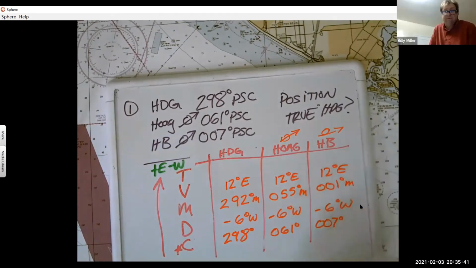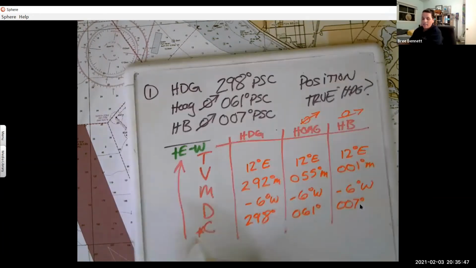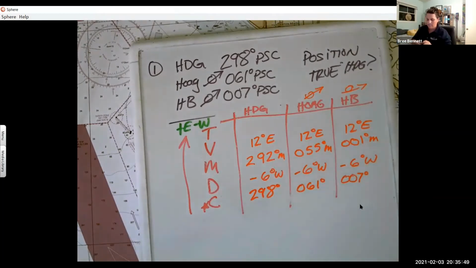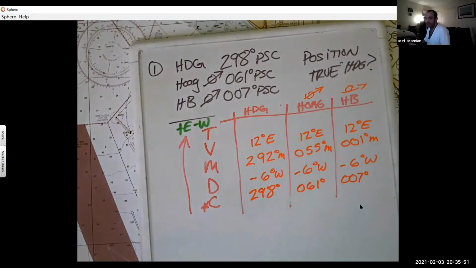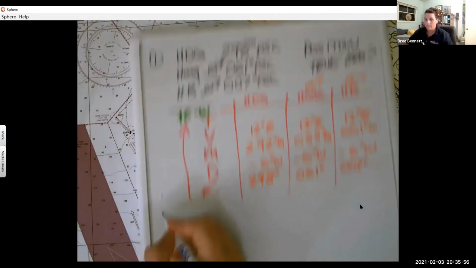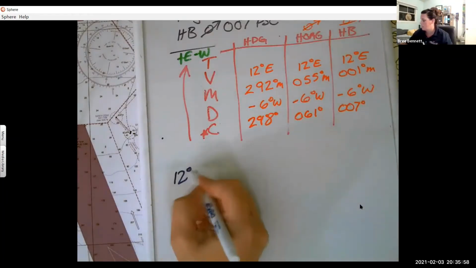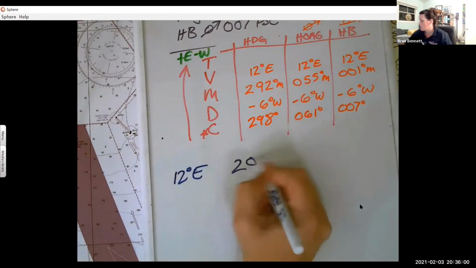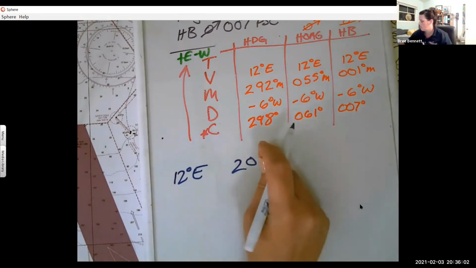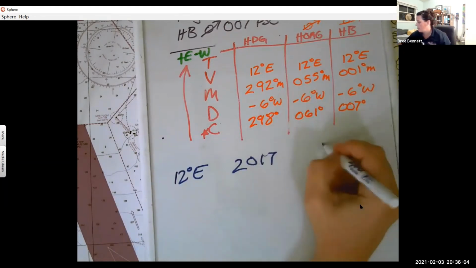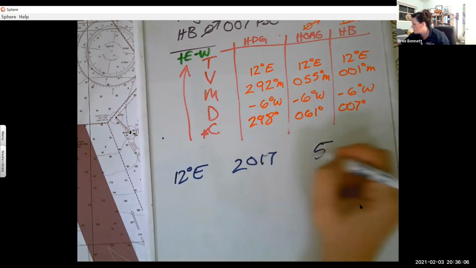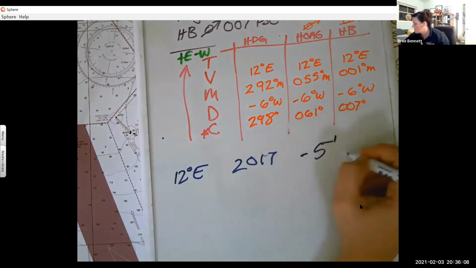So we don't have to adjust it then, just for now. I adjusted it in my head. Let's say round down. Which we kind of did that earlier, right? We had 12 degrees east in 2017, and then we had a 5-minute decrease annually.